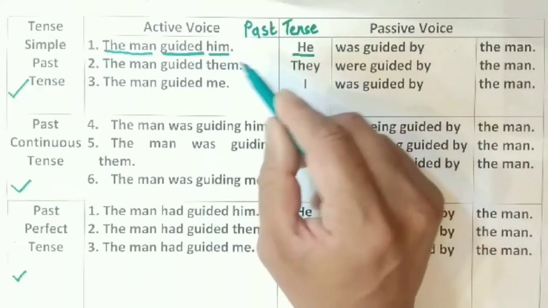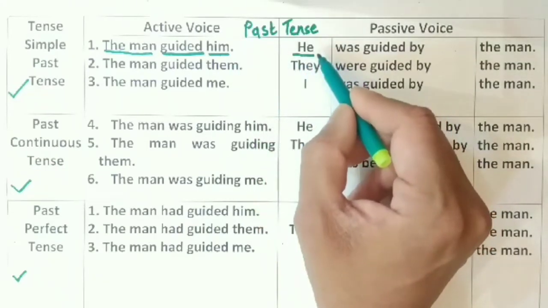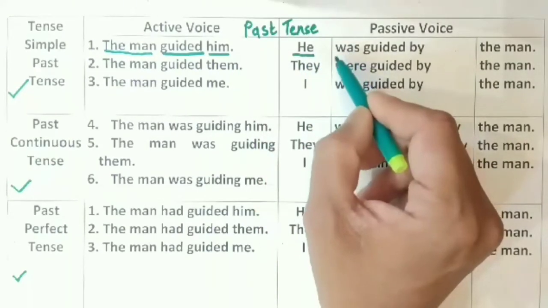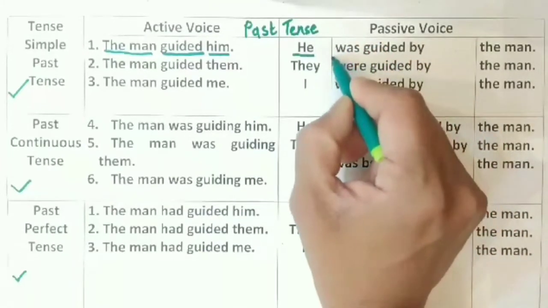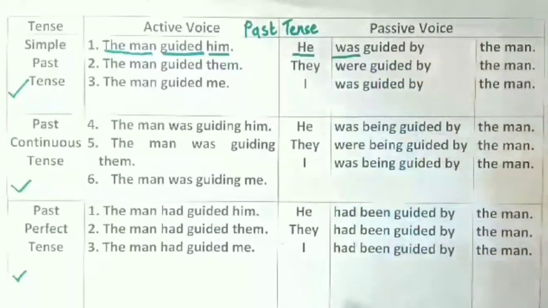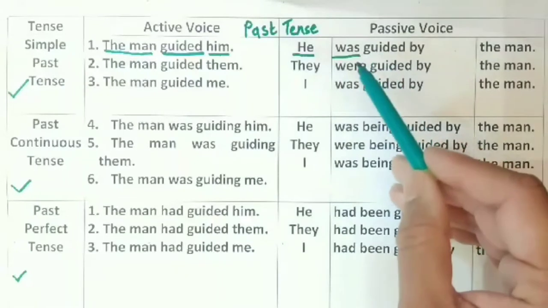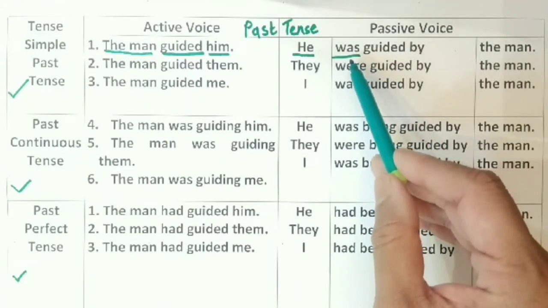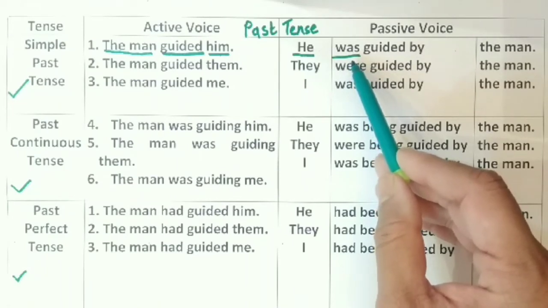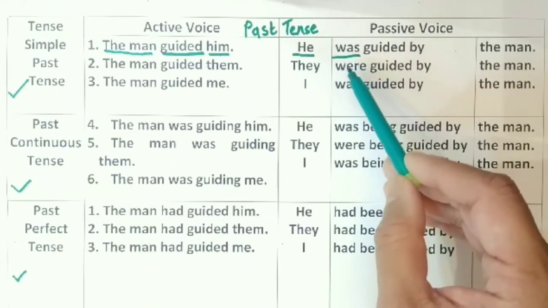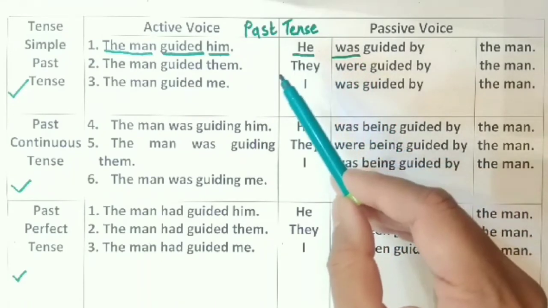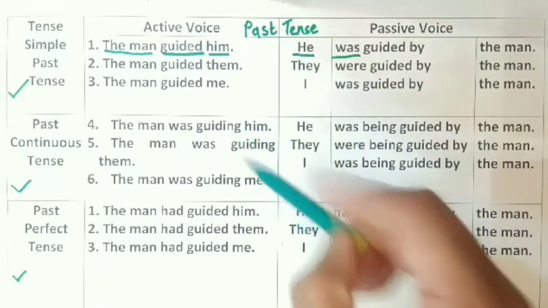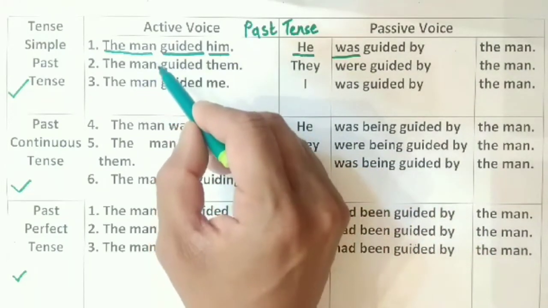The sentence is from past tense, and therefore we have selected the helping verb was here. Students, when we select the helping verb, there are two criteria, there are two rules which we must follow while selecting the helping verb. The first rule is identify from which tense the sentence is.